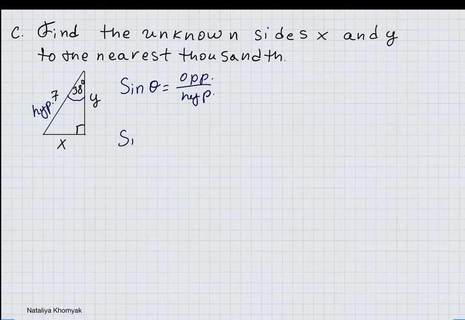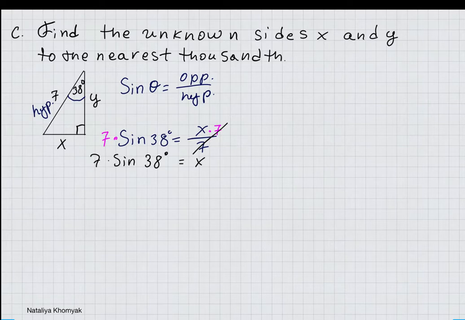So sine of 38 degrees equals opposite side, which is x, over hypotenuse, which is 7. We are solving for x and it's being divided by 7. The opposite is to multiply by 7. Whatever you do to one side, you need to do the same thing to the other side of the equation. 7 and 7 will cancel, so we have 7 times sine of 38 degrees equals x.